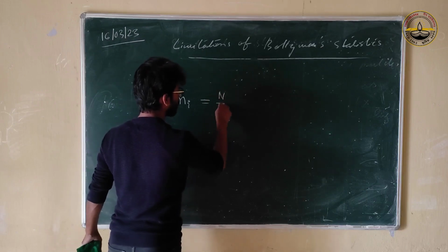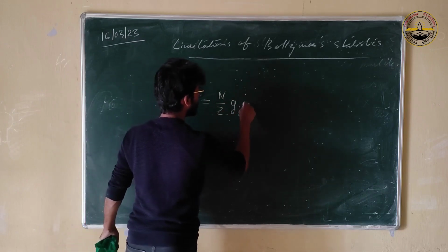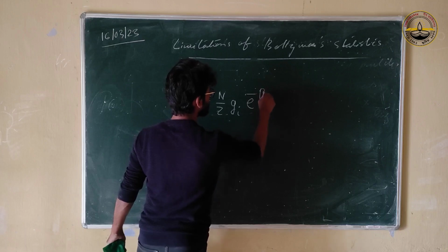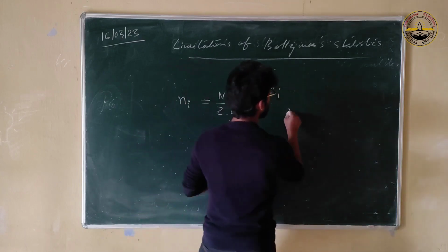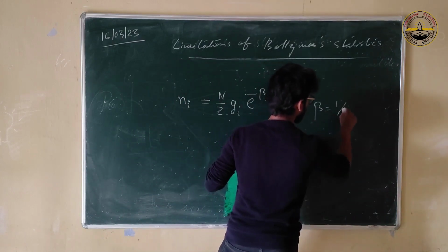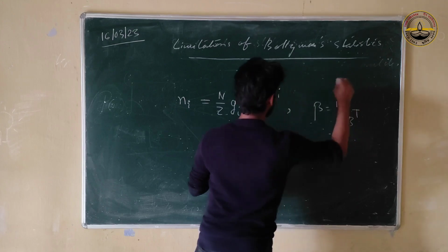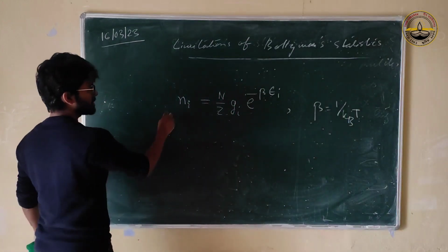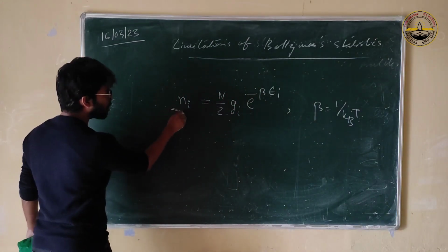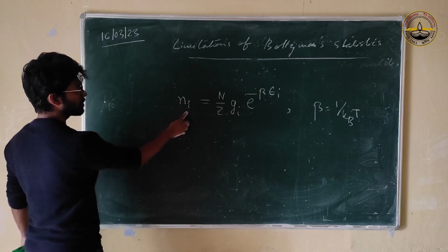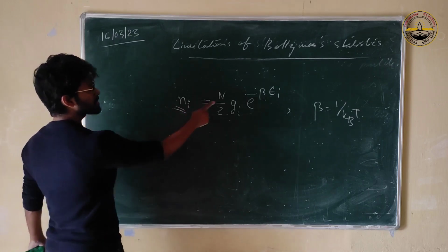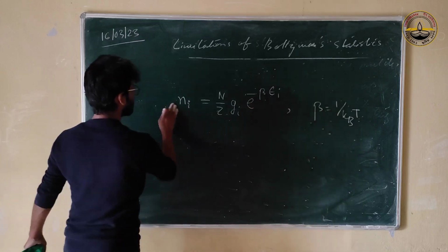That was N over Z, g_i e to the power minus beta E_i, where beta is 1 over k_B T. This is the number of particles in the E_i state.